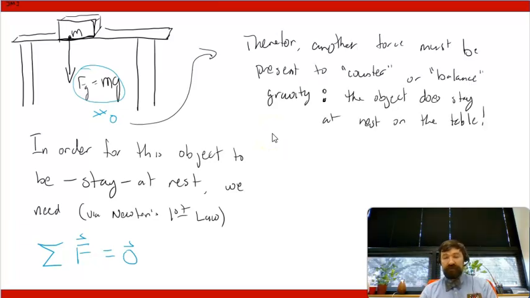Okay. Second thing that we know about this force that is coming into being is that it can change. It doesn't have to be a constant force. It can change in response to how hard the object is being pressed onto the table.